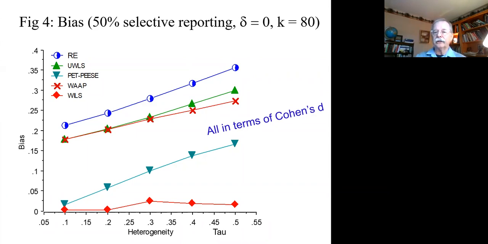Again, at the center here, its bias is almost exactly what we saw in these large-scale replications. As we would expect, unrestricted weighted least squares is at least a little bit less biased. hetPS is a lot less biased, but its bias increases with heterogeneity. And WILS is at the bottom, virtually zero bias. I mean, it's not zero, 0.01, 0.02, something like that. But practically speaking, that's no bias.